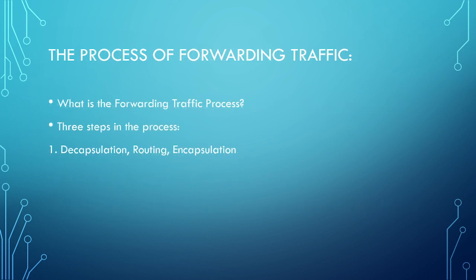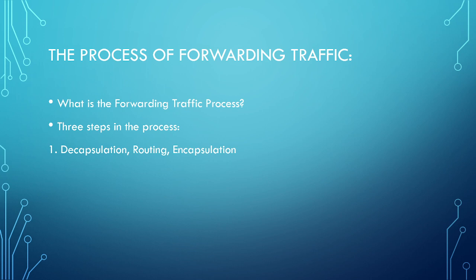The process of forwarding traffic. What is the forwarding traffic process? There are three steps involved within forwarding traffic. The first one is known as decapsulation, where the router removes the header information from the packet, such as the VLAN ID.